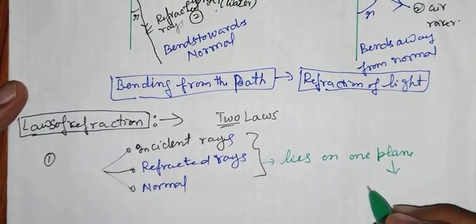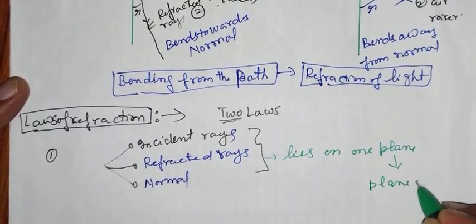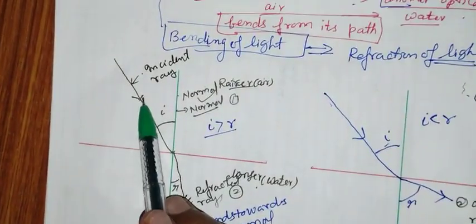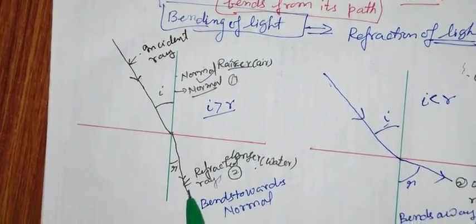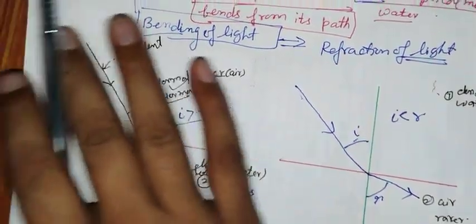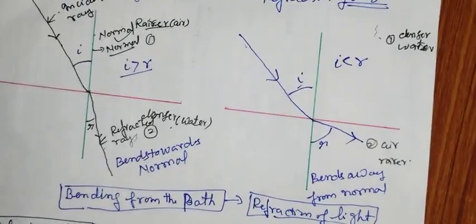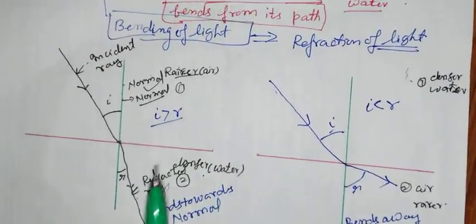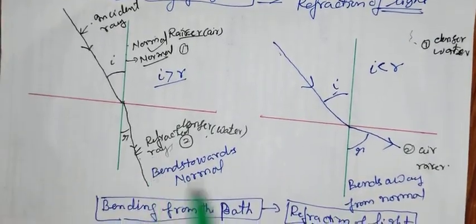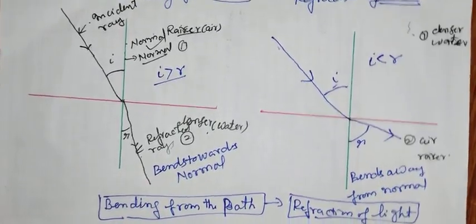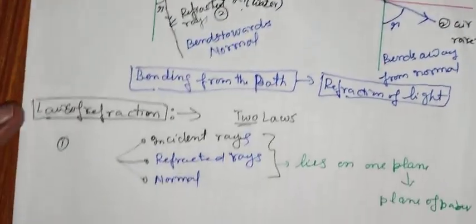This plane is the plane of the paper here in the diagram. If you see in the diagram, this incident ray, refracted ray and normal all lie in the same plane, in both diagrams, either bending towards the normal or bending away from the normal, but bending is there. Bending of light is refraction.